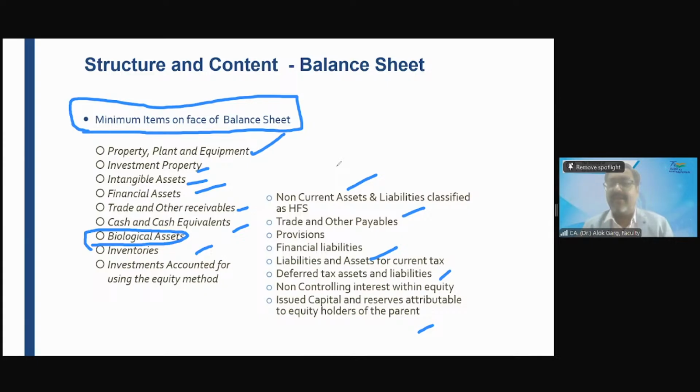Let's say Reliance has a revenue of 10 lakh crore. What is 1% of 10 lakh crore? 1% of 10 lakh crore is 10,000 crore. So the criterion is 10,000 crore or 10 lakh, whichever is higher.